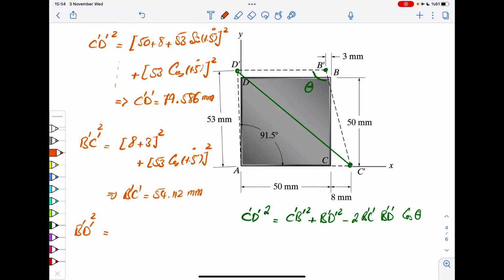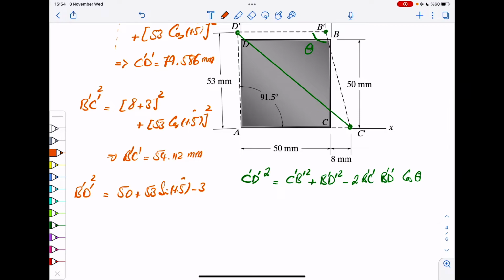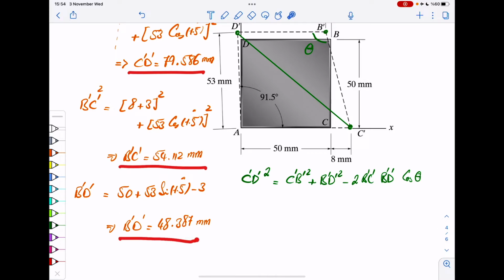So that would be 50, that's the base, plus 53 sine 1.5 minus 3. Sorry, this is not a square, this is just B prime D prime. And then B prime D prime is 48.387 millimeters. All right, so now you have C prime D prime, B prime C prime, B prime D prime.